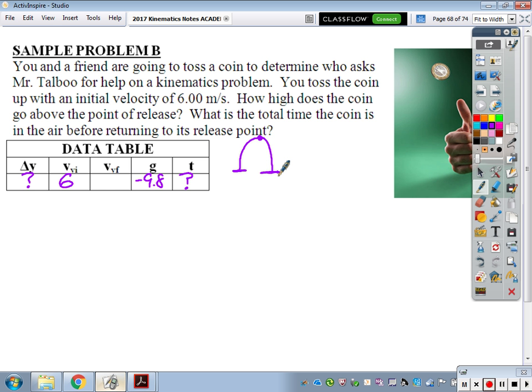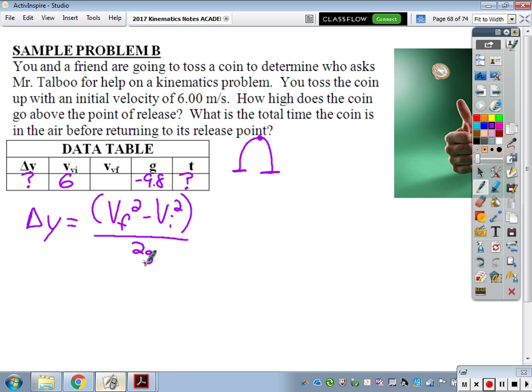If we were to go ahead and calculate delta y, which I'll tell you we're actually going to use V final and V initial, so we're going to end up using this equation, Vf squared minus Vi squared, all over 2g.